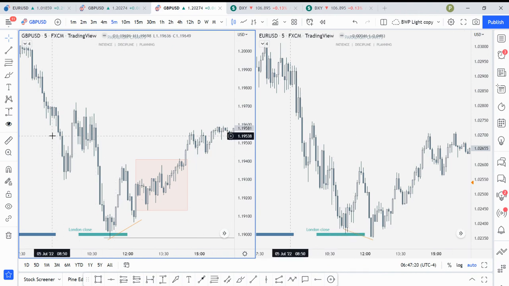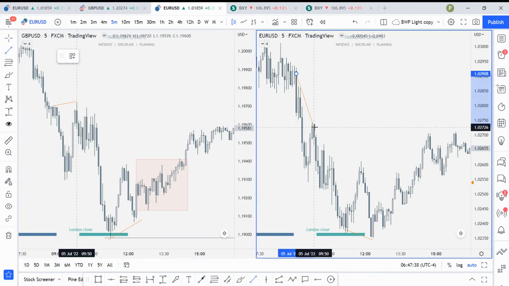This is another SMT divergence in here. You have this one between this high and this high. You see a higher high, while this one is making a lower low. Right there.